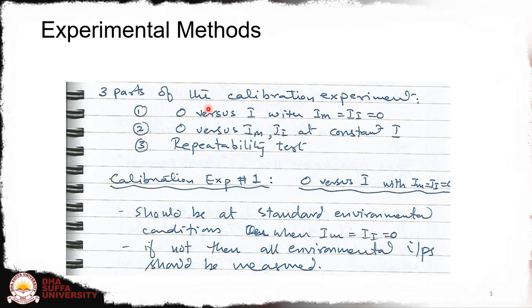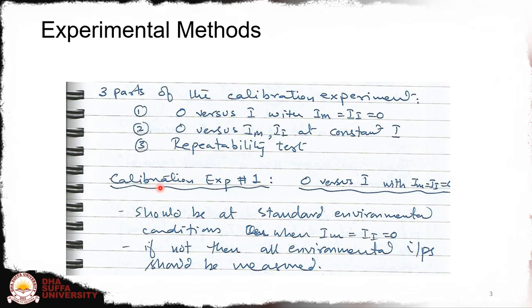There are three parts of a calibration experiment: the output versus the input, while keeping the modifying input and the interfering input constant, like at the standard temperature and humidity. Second is the output versus the IM and II, the interfering input and modifying input, while we keep the main input constant. And the third is the repeatability test.